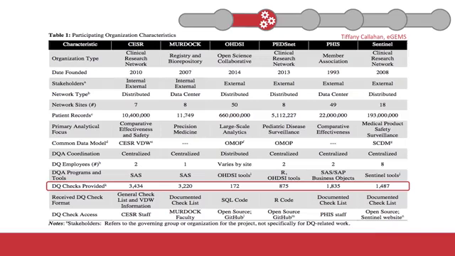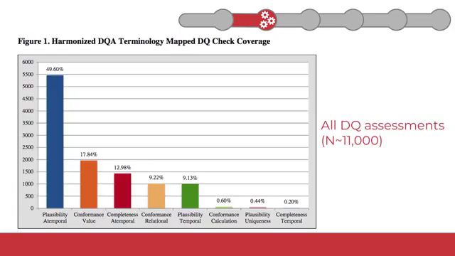Tiffany Callahan from the University of Colorado gathered over 1,100 data quality rules from 6 large data networks. These networks varied in size, participating organizations, years in existence, and approach to supporting data quality work. Using the Data Quality Dimensions framework developed by the Data Quality Collaborative, Tiffany categorized each rule.